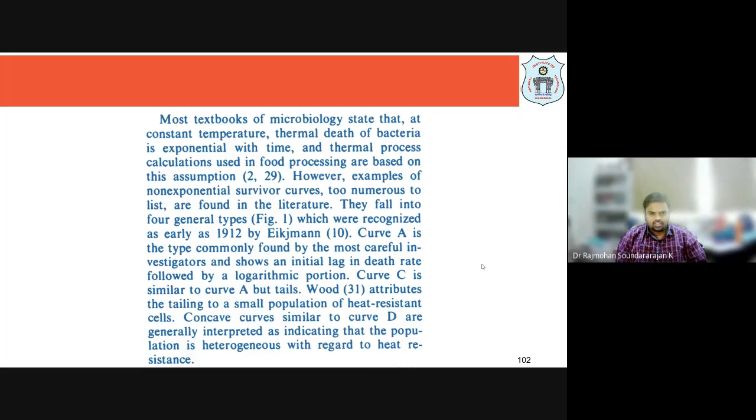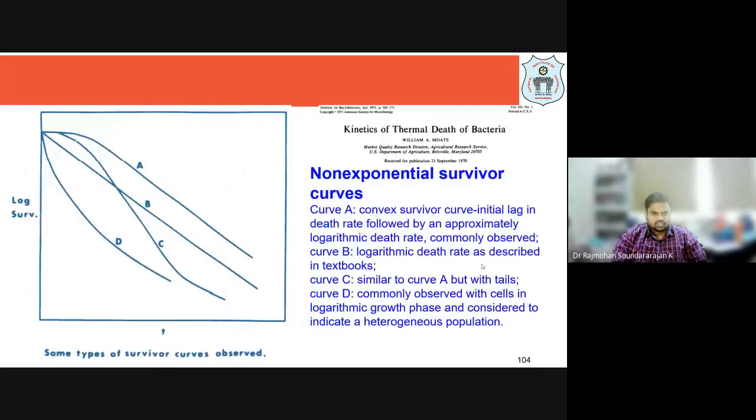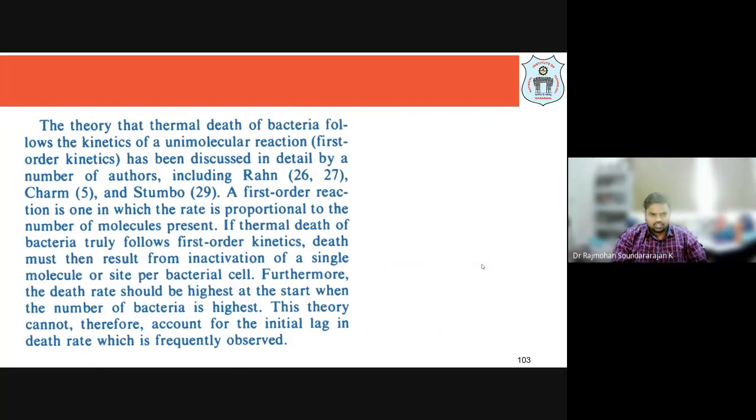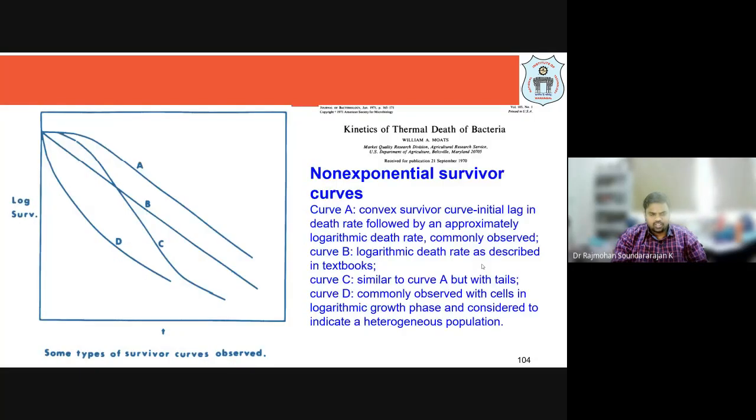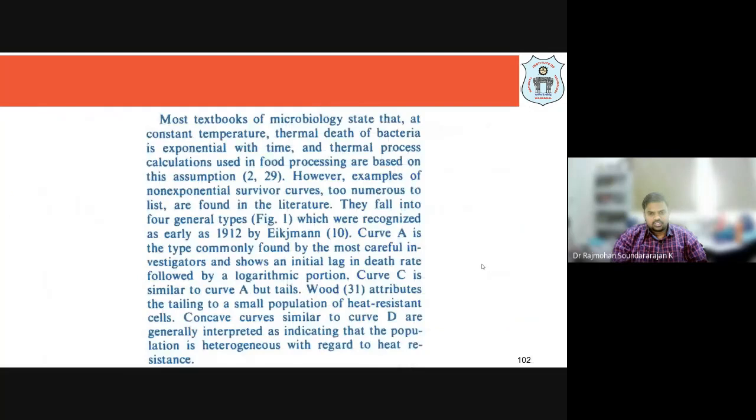They fall into four general categories which were recognized in the beginning of the 19th century. We can say curve A, curve B, curve C and curve D, which I am showing here. These are four different types of survivor curves, showing the death phase, how the number decreases with respect to time.